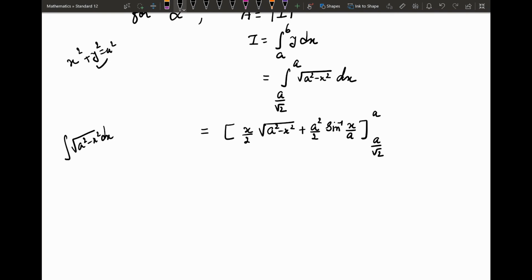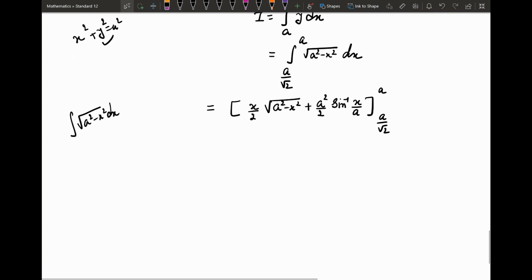Now first put upper limit minus lower limit. When we put the upper limit, this term will be 0, since a square minus a square is 0.